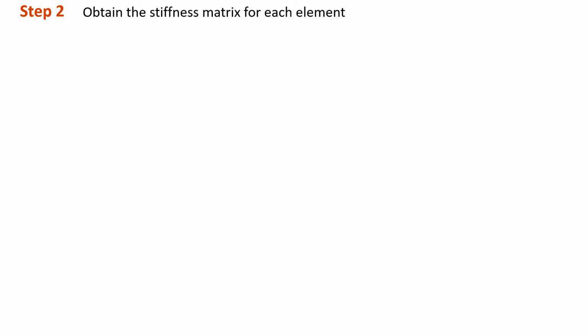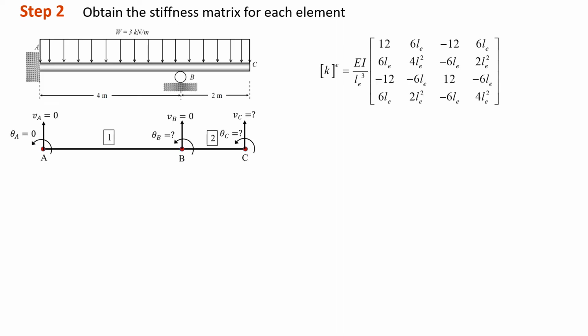The next step is to obtain the stiffness matrix for each element by using the K matrix for a beam element. As the beam is made from the same material and has the same cross section from A to C, the I, or second moment of area, for element 1 and element 2 is similar.